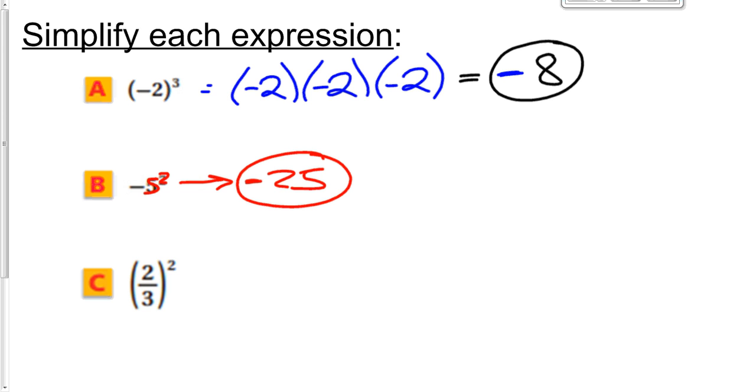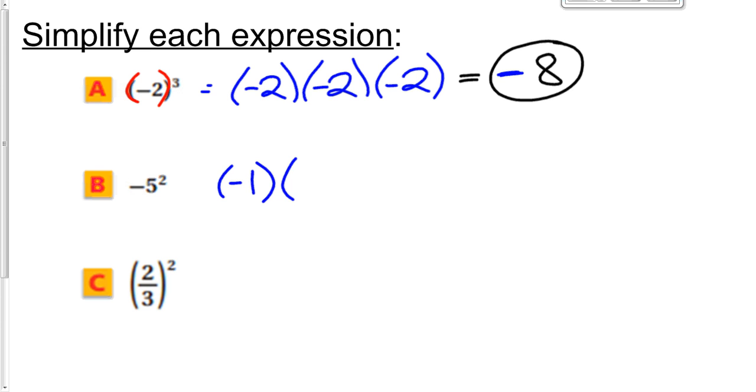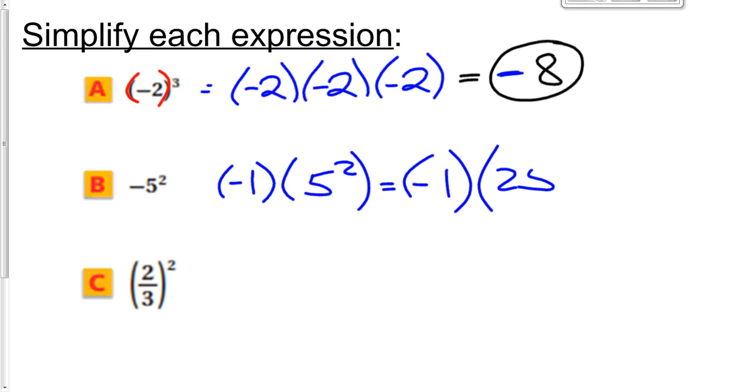Okay? So you're only going to include that negative with your power if it's in parentheses, such as letter A was. The book actually explains it like this. They say, think about this as negative 1 times 5 to the second. You can definitely do that. So you've got negative 1 times 25, which is negative 25.